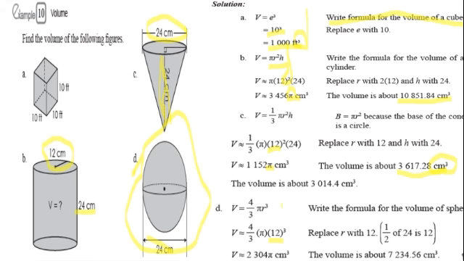And then it is cubed, or to the power of 3. So, we have 4/3 pi times 12 to the power of 3, which is equal to 2,304 pi centimeter cube. Then integrate the value of pi, which is 3.14. So the volume is about 7,234.56 centimeter cube.